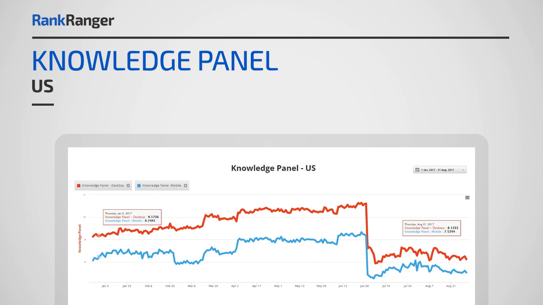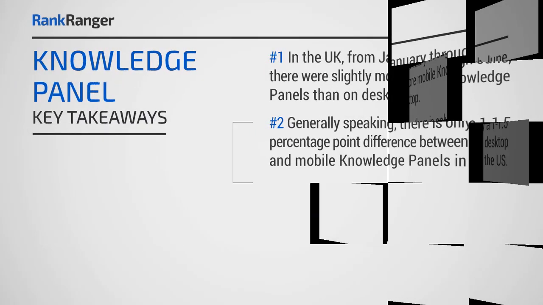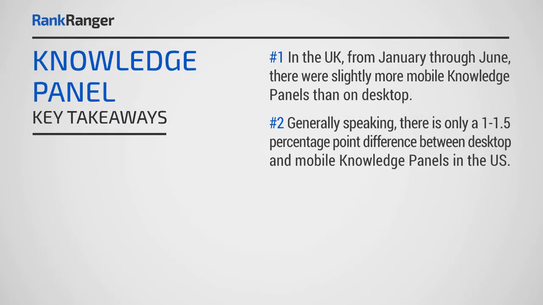You're not talking about much of a difference at all. So there's two takeaways from this, okay? Very simply, in the UK, you have more mobile knowledge panels than you do desktop for 6.5 months. And then even after that, there's not really that big of a difference. Then in the US, you only have between 1 and 1.5 percentage point difference between mobile and desktop knowledge panels. Interesting.